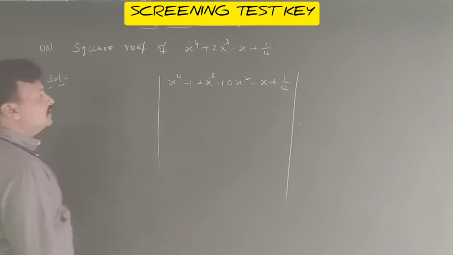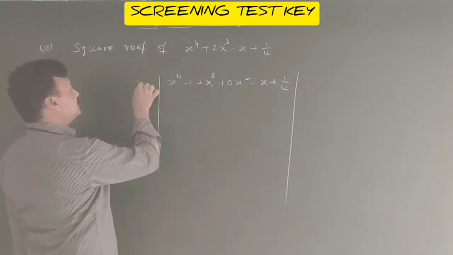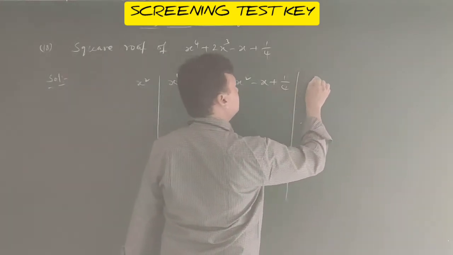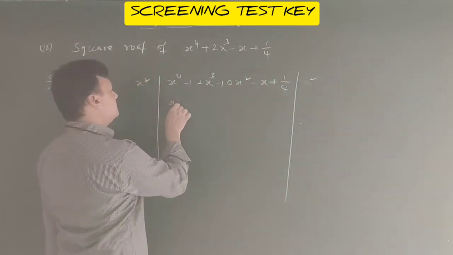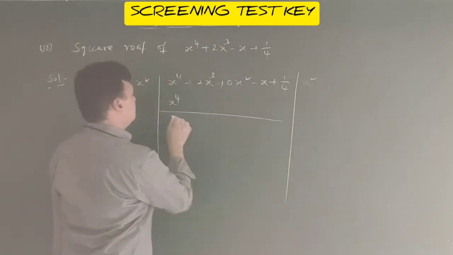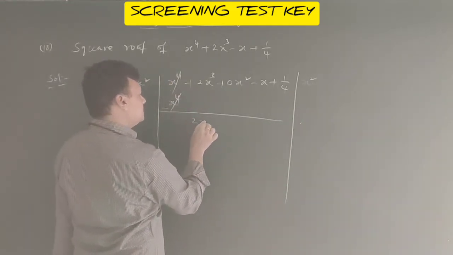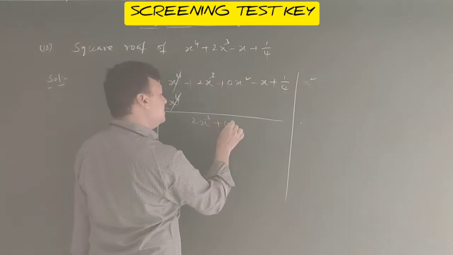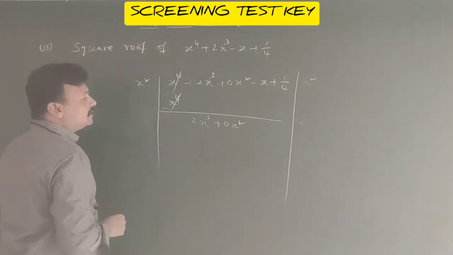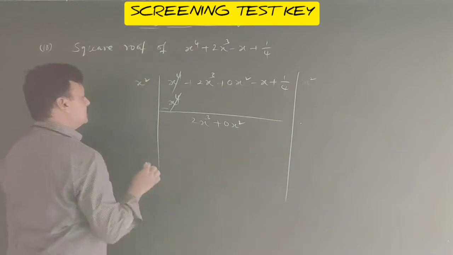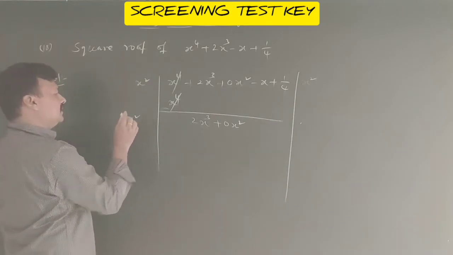Now, square root of x power 4 is x square. Cancel. Next, 2x cube plus 0x square. Now 2 times x square, 2x square.